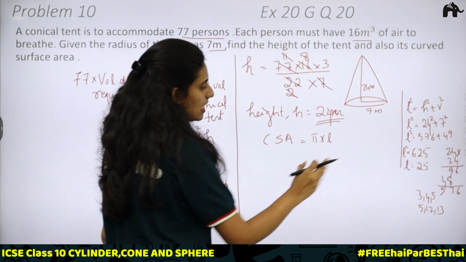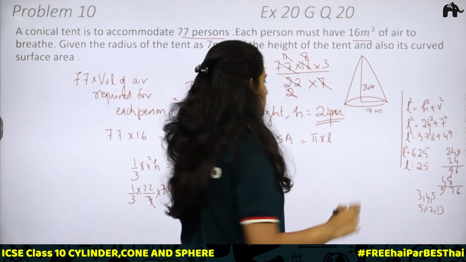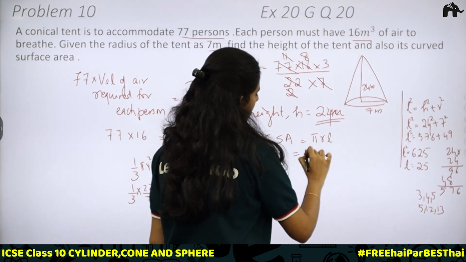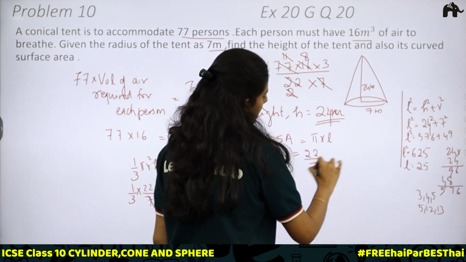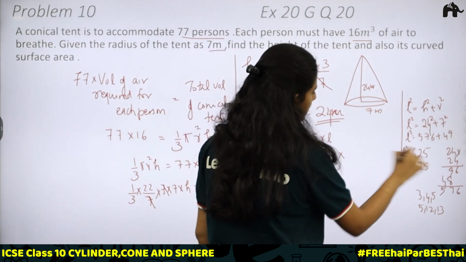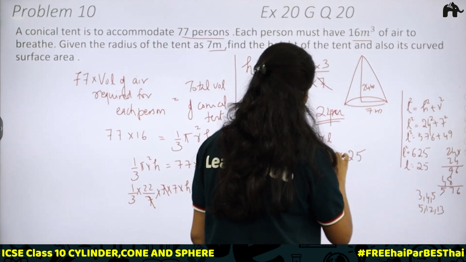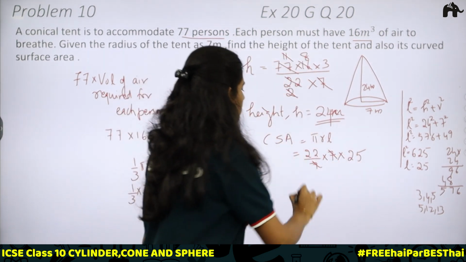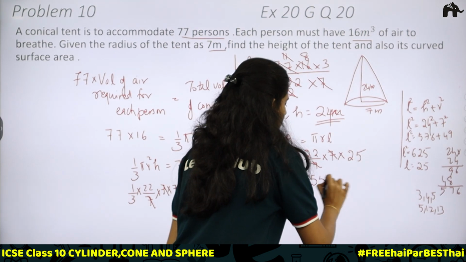We have got the slant height value, which is 25 meters. Put to find curved surface area, 22 divided by 7 into 7 into 25. Okay, 7 gets cancelled. 25 into 22, which is equal to 550.